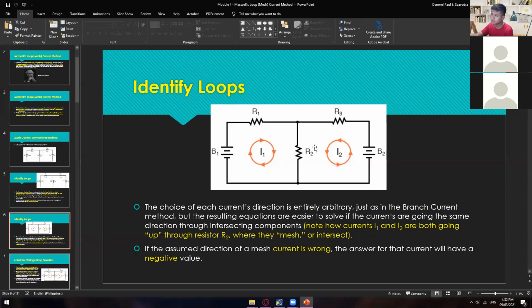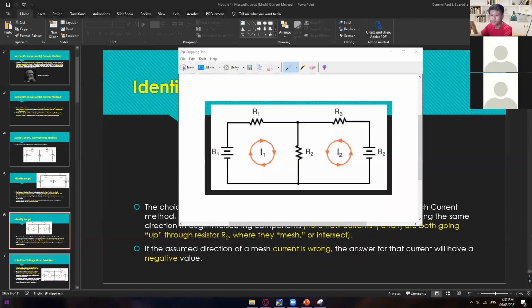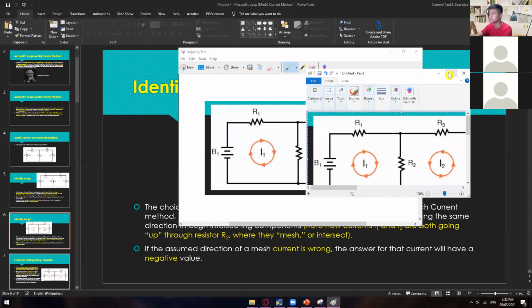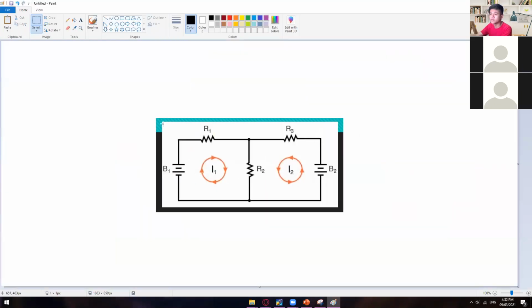So mostly, we'll be having the same flow of current on the intersection part. Where is that intersection part? It's R2, or this branch. As you can see, if we assume the flow of currents, right here I have this current flowing, and then right here we also have one at this point.